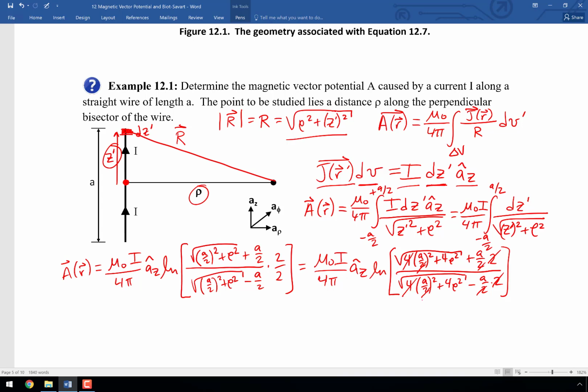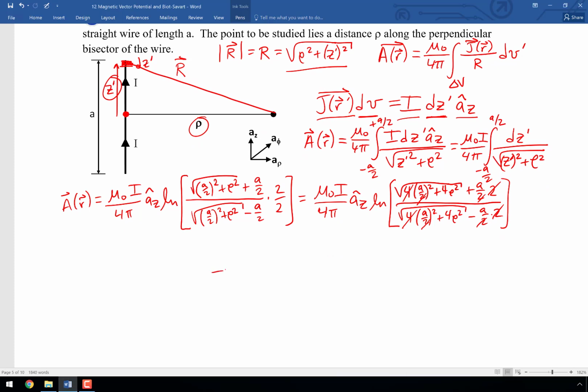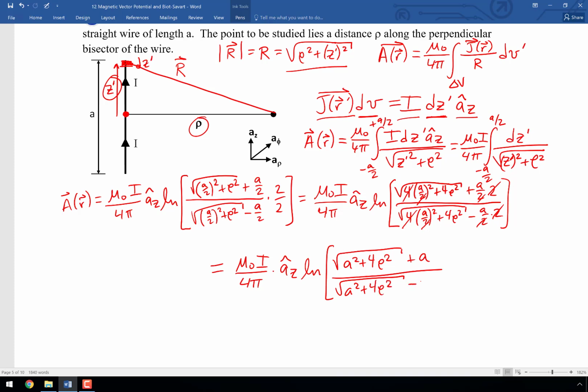And we end up with our final version of this equation, which is mu sub 0 I over 4 pi times a sub z times the natural log of the square root of a squared plus 4 rho squared plus a over the square root of a squared plus 4 rho squared minus a. And that is the magnetic vector potential caused by a line segment of current I, at a point that is along the perpendicular bisector of that line.